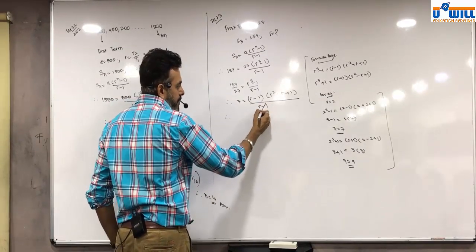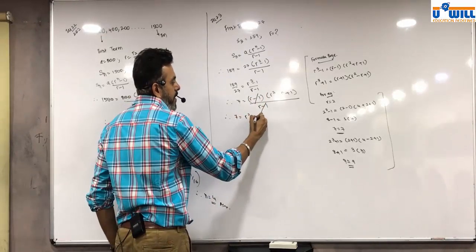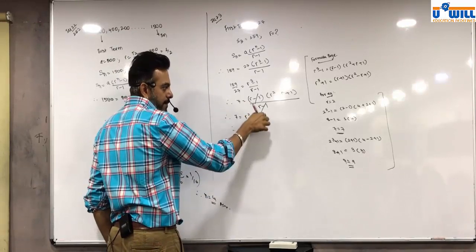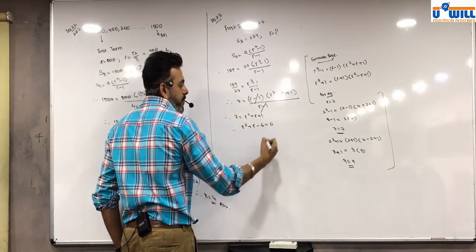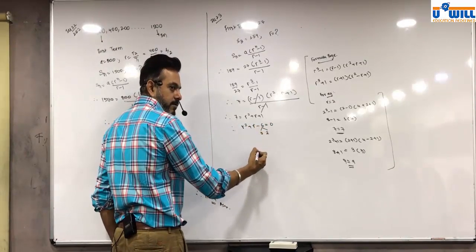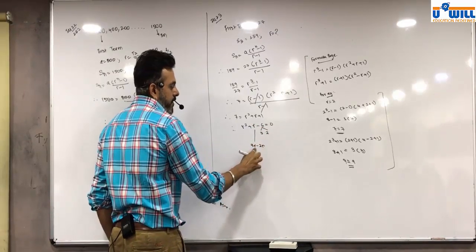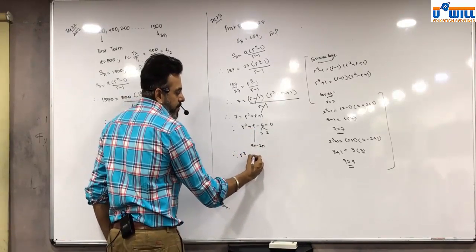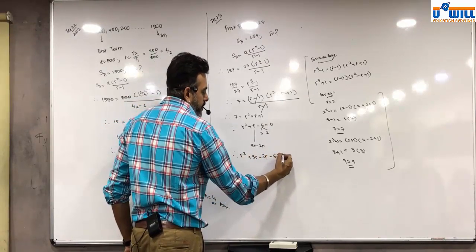Therefore, this R minus 1 cancels. 7 is equal to R square plus R plus 1. Therefore, this 7 will go to the other side, so it will be R square plus R minus 6 is equal to 0. Two factors of 6 are 3 and 2. So here what we will do, 3R minus 2R is equal to plus R. So we make the equation R square plus 3R minus 2R minus 6 is equal to 0.